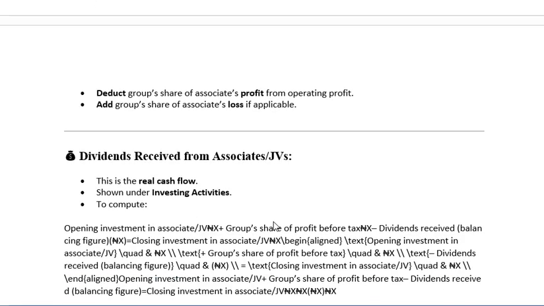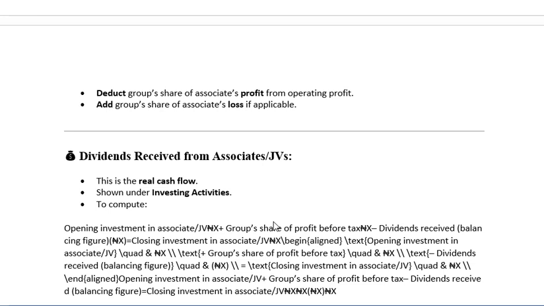Now, adjustment under the indirect method. When you are using the indirect method, you have net profit, less adjustment for non-cash items before your changes in working capital. When you are doing your indirect method, you deduct your group share of associate profits from the operating activities because you are consolidating for the group and associate profit is not inclusive.